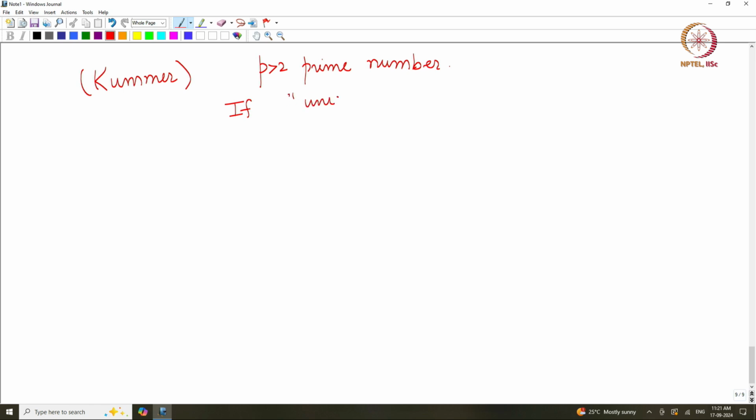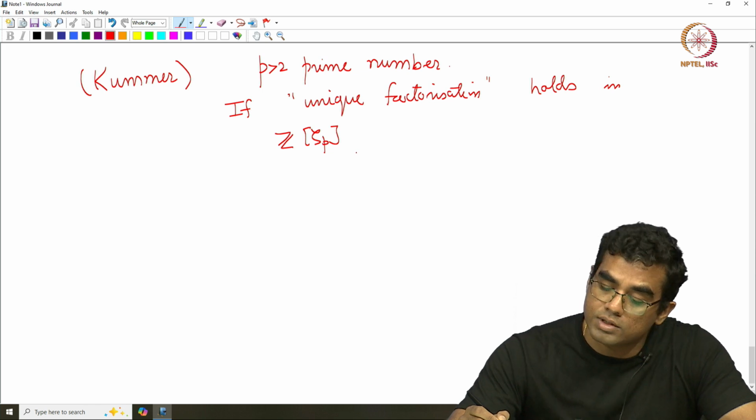unique factorization, so we will learn all these terms in the course, unique factorization holds in this ring Z[ζ_p]. So, I did not define this, but you can imagine what this is. Instead of having rational coefficients, you take integer coefficients.